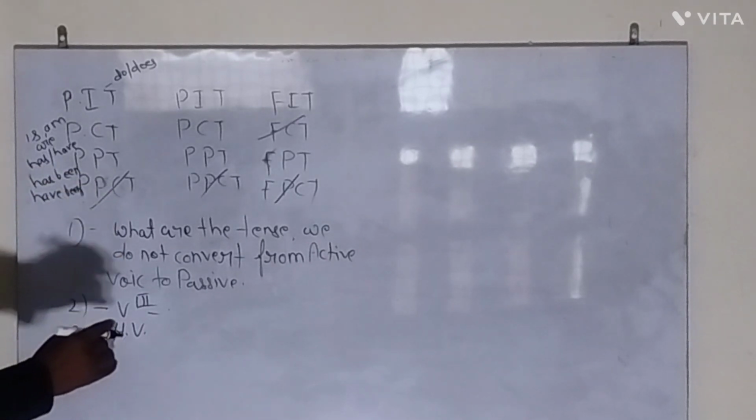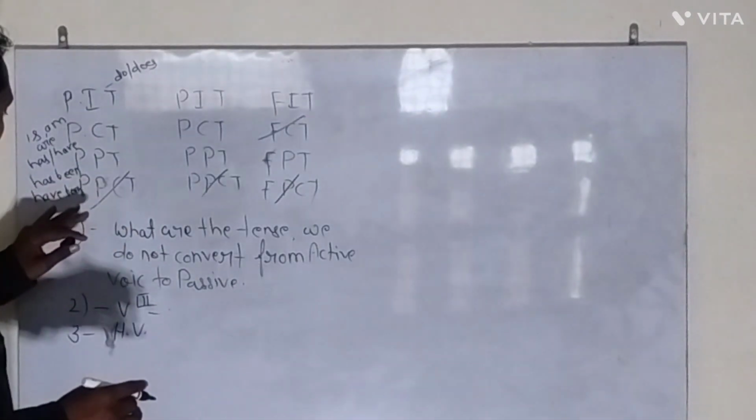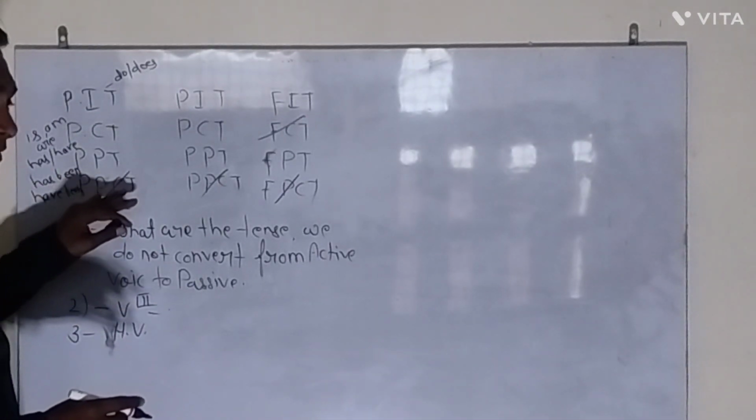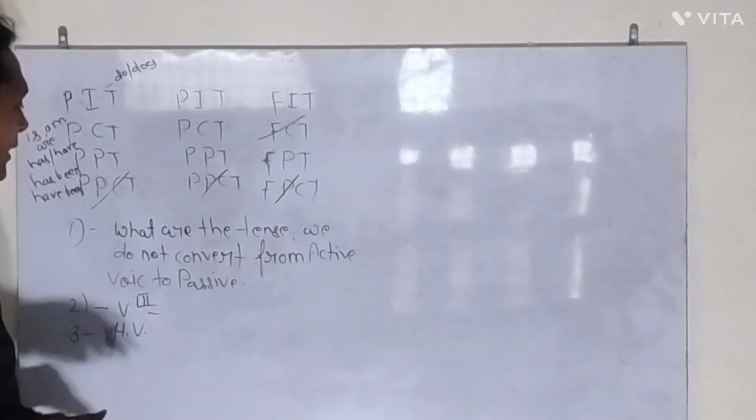Okay, so that is clear. You may ask why I have taken the helping verb of present perfect continuous tense where we do not have to convert. I'll tell you that.